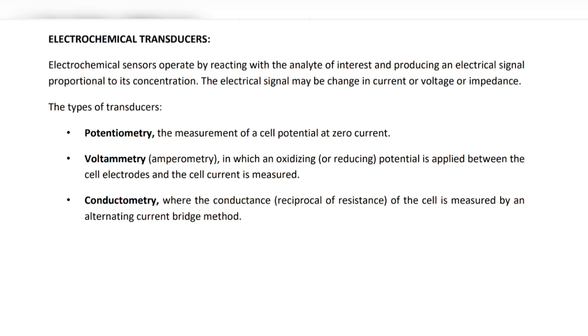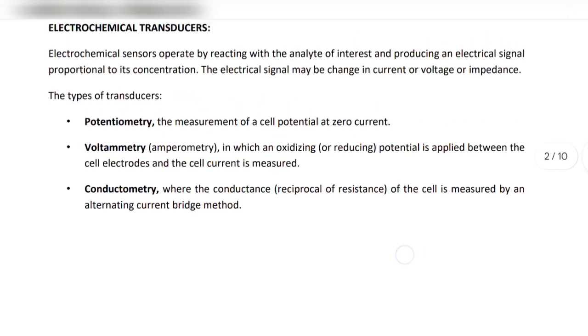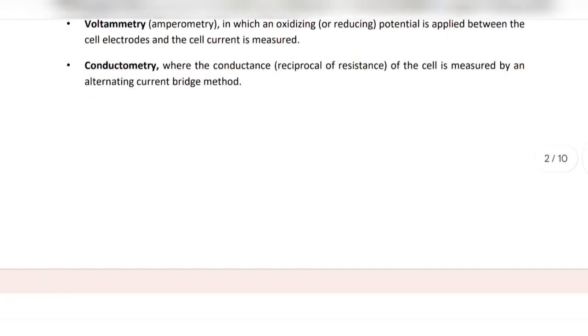In voltammetry or amperometry, the cell current is measured. And finally, in conductometry, the conductance, that is the reciprocal of resistance, is measured by an alternating current bridge method. So these are the three types of electrochemical transducers and electrochemical sensors.